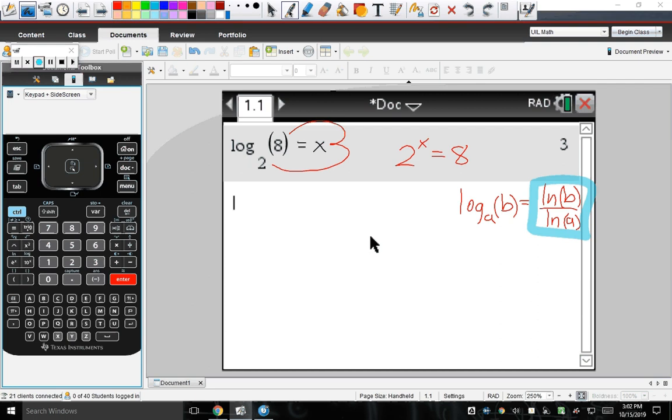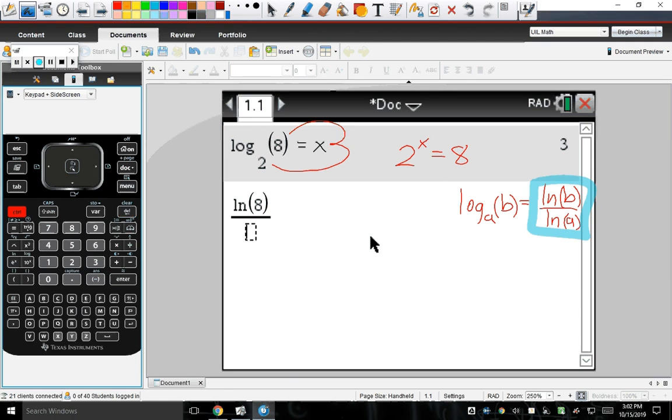So guys, my original one would be the same as if I were to make it into a fraction and do the natural log. So that's this blue E. So control e to the x, and it would be the natural log of what? Help me out. 8. 8 over what? Natural log of 2. So this is what we had to do with the older calculators.